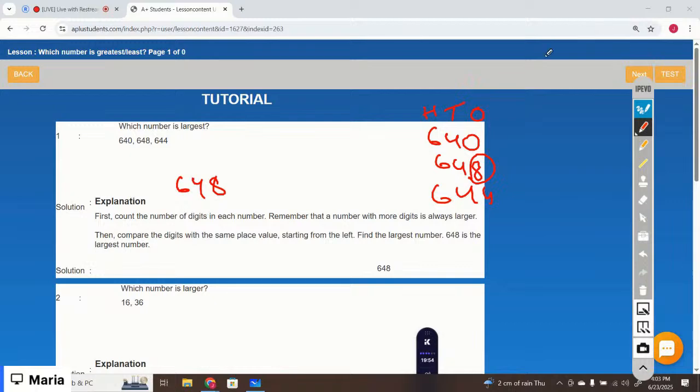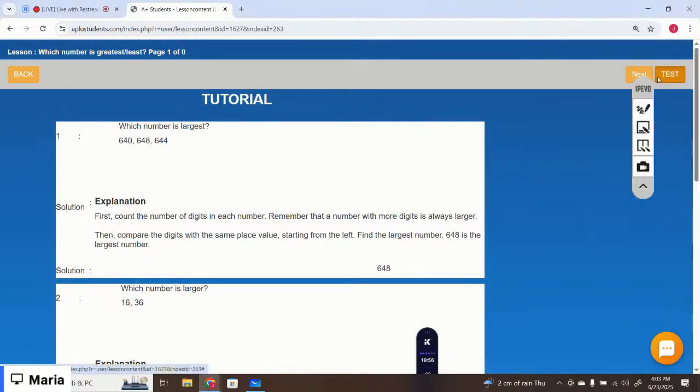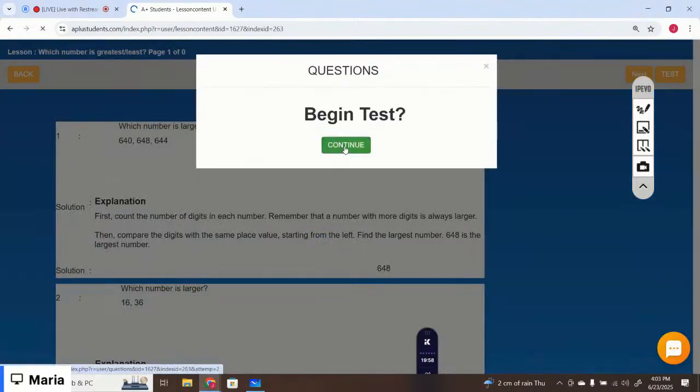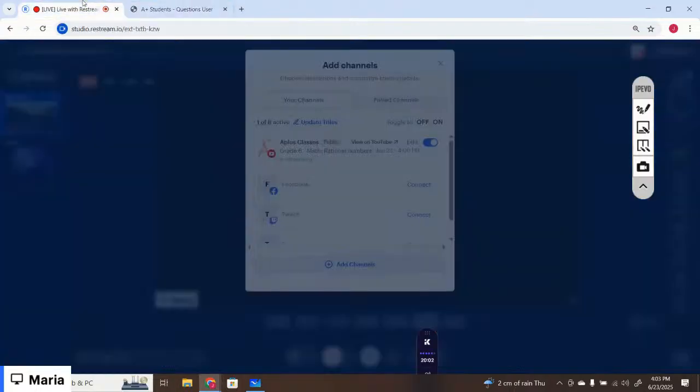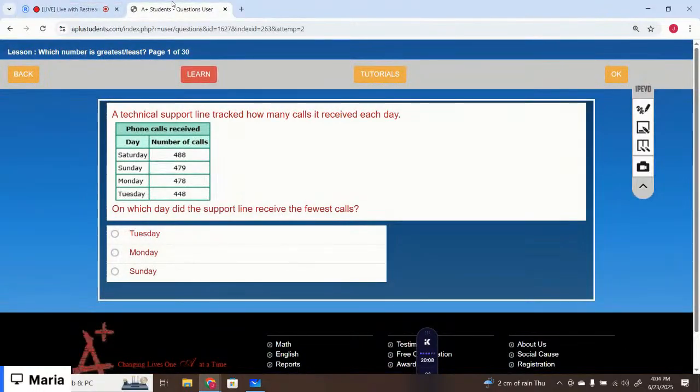Okay, let's start with the next question. Grade 3 math. There is something wrong with the chapter lesson name, I will fix it. How many calls did the support line receive each day? On which day did it receive the fewest calls? So which is the correct option? We have to look for the smallest number.